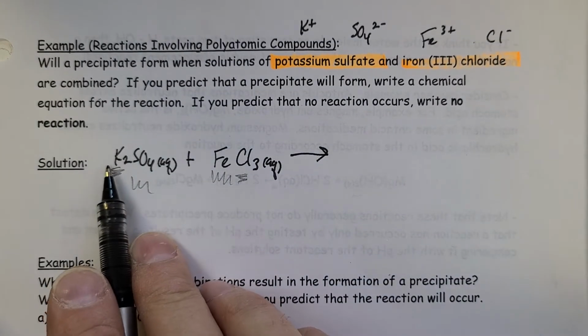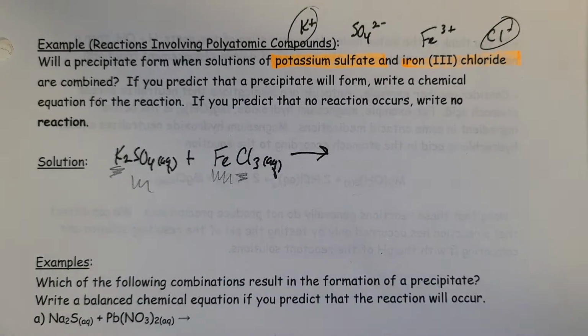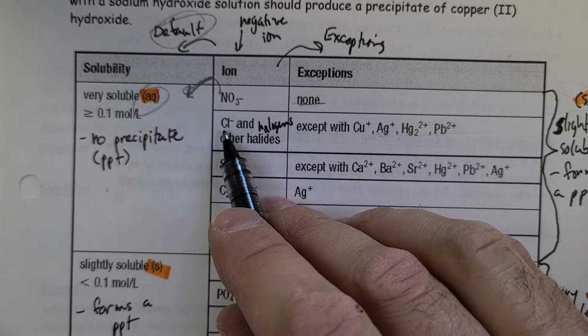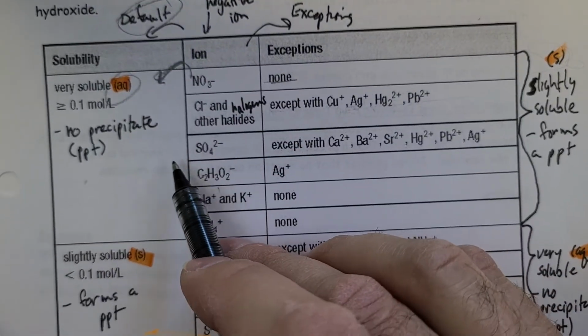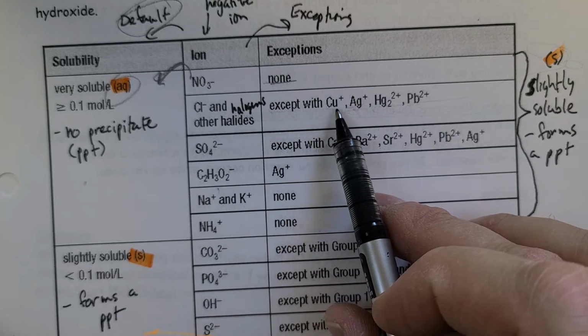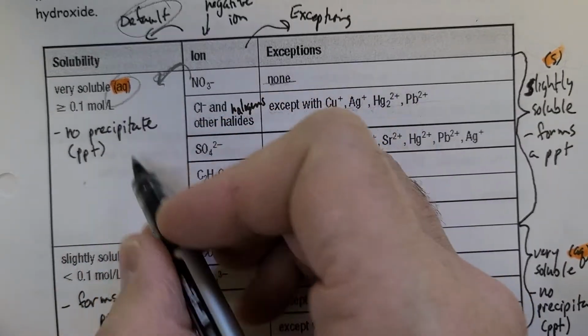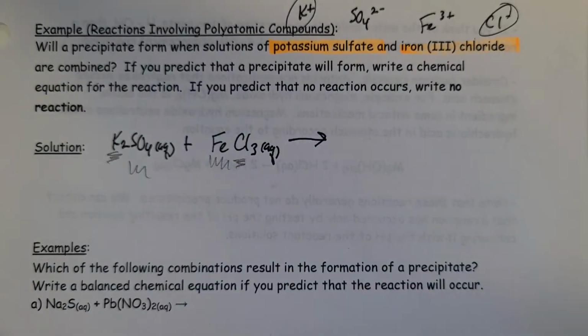So let's look at potassium and chloride first of all. Potassium and chloride. So chloride, there it is. With potassium, could be over here, if potassium falls on the default side. Do I see potassium here? No, no, nope. So potassium is one of the ones that will be aqueous with chloride.